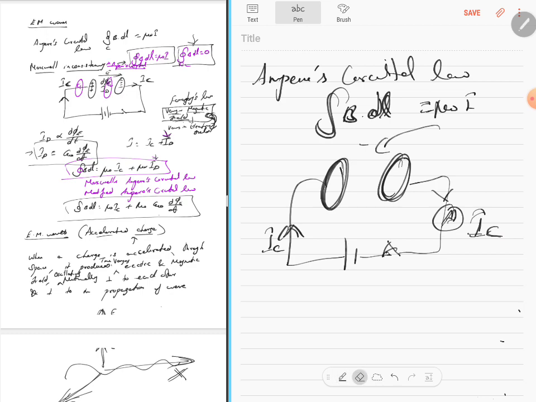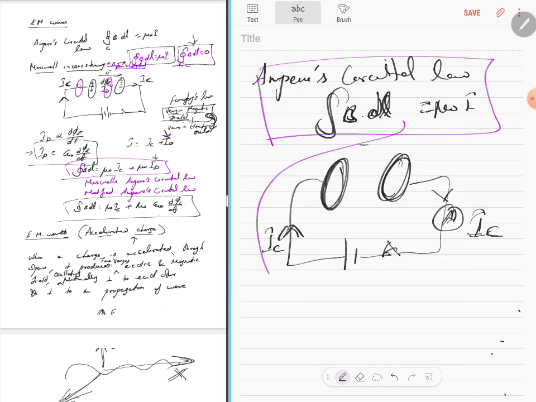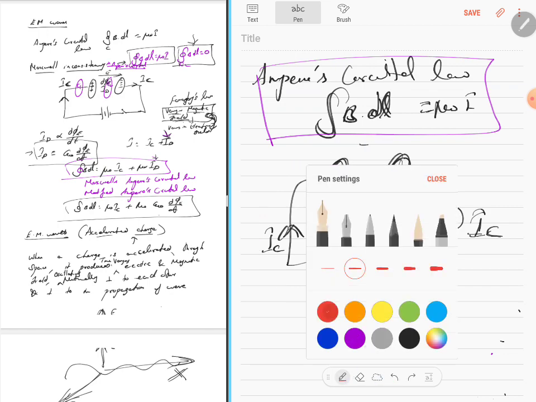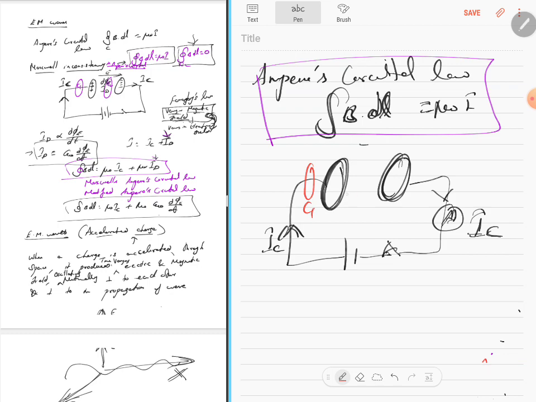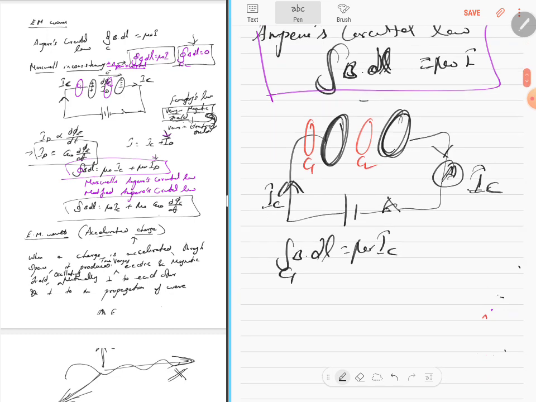Okay, first, Maxwell noticed that there is a discrepancy or an inconsistency in Ampere's circuital law, for which he took two closed loops such as C1, which is covering the wire, and C2, which doesn't cover the wire, which is between the plates of the capacitor. And he applied Ampere's circuital law for this C1 and C2. Integration of B dot dl for a closed loop C1 is mu naught into IC because the conduction current is there.